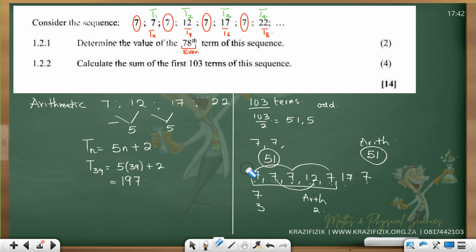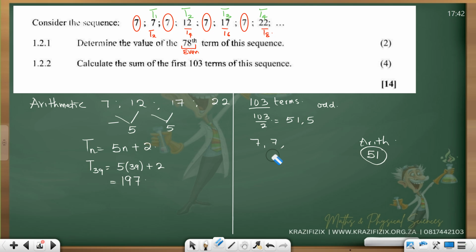So it means at the end of the day, I have an extra odd number, which makes my 7 to be 52. There are 52 sevens and 51 arithmetic. If you add 52 and 51, what do you get? 103. I don't know if I'm losing you here.